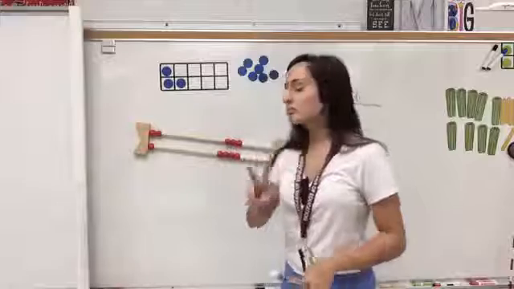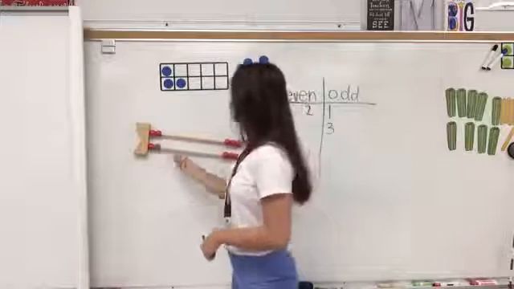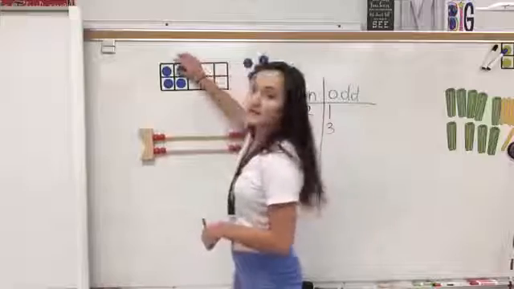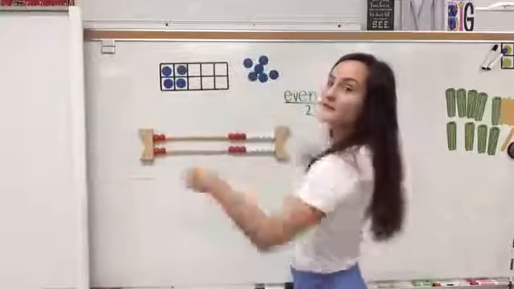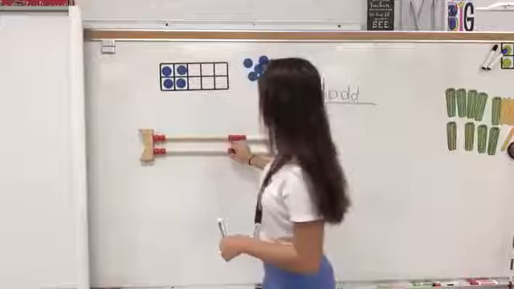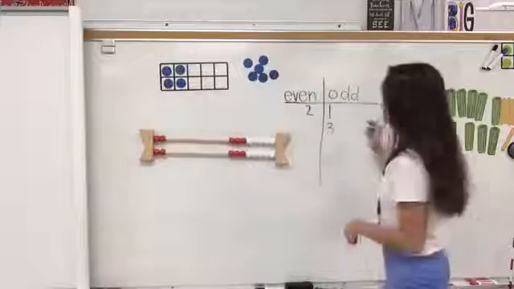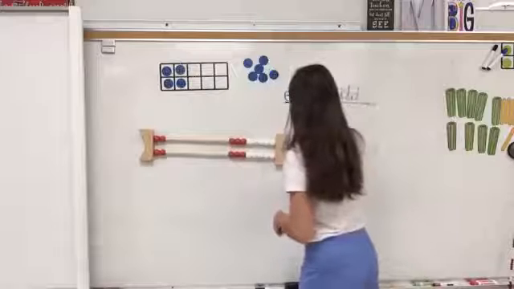Alright, we're going to do 2 more. Let's do 4. This was the last number of that really long number. So, we have 4 right here. It has a pair. So it is even.